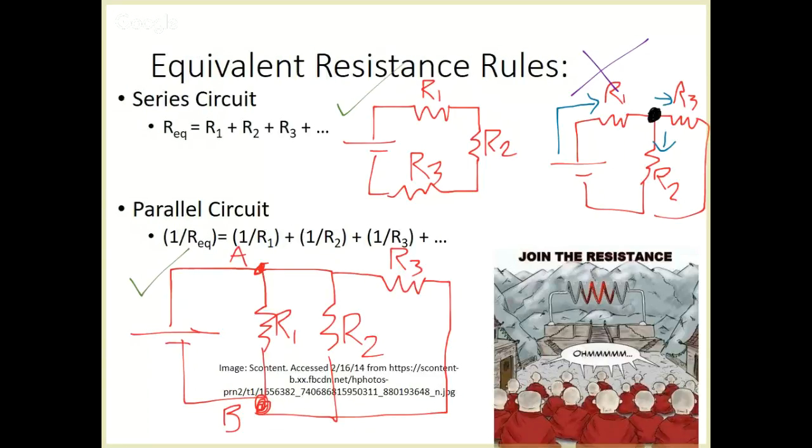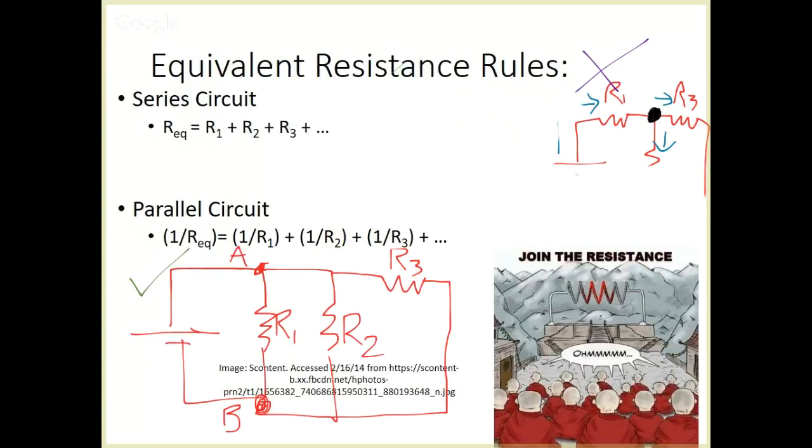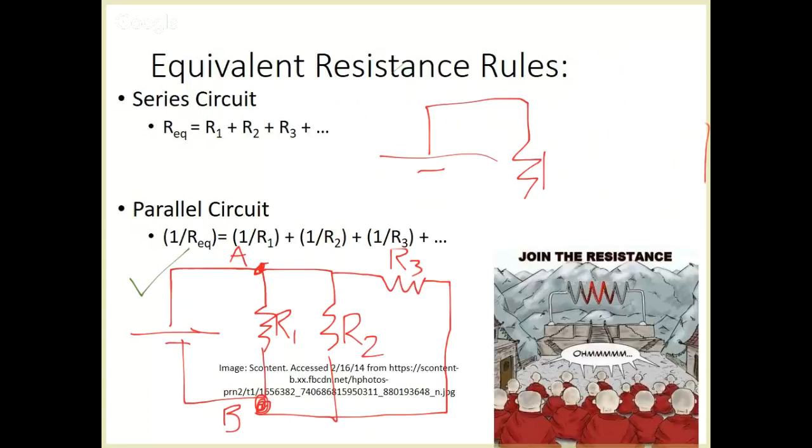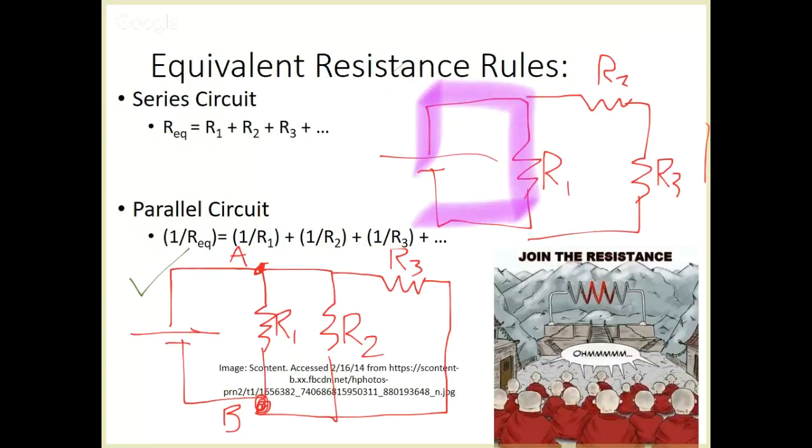One that would not be perfect parallel, let me get rid of these, would be this. If I've got R1 here, then I've got R2 here, and R3 here. Now I've got a path through R1. That's cool. But another path is going to go through R2 and R3.